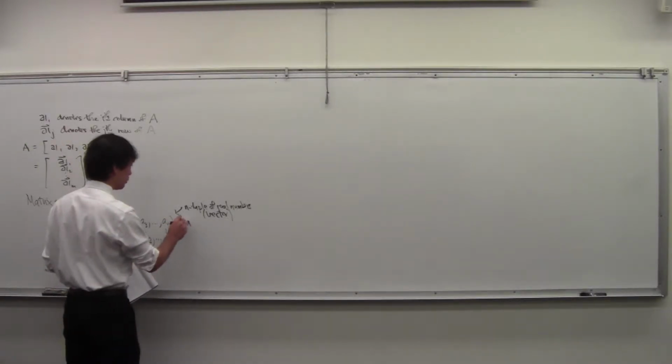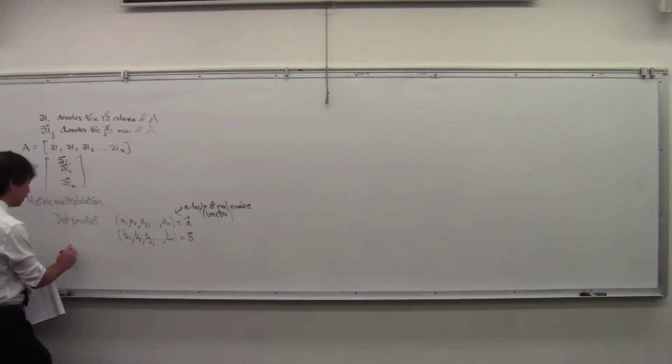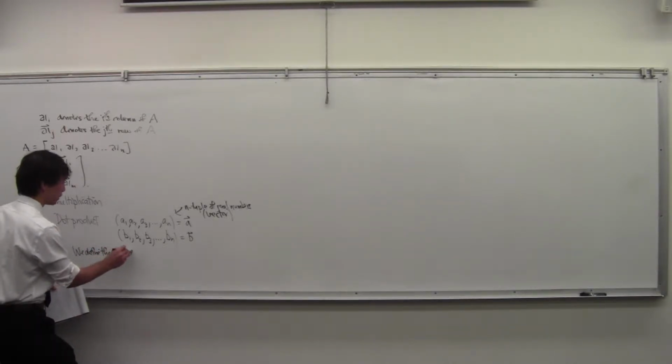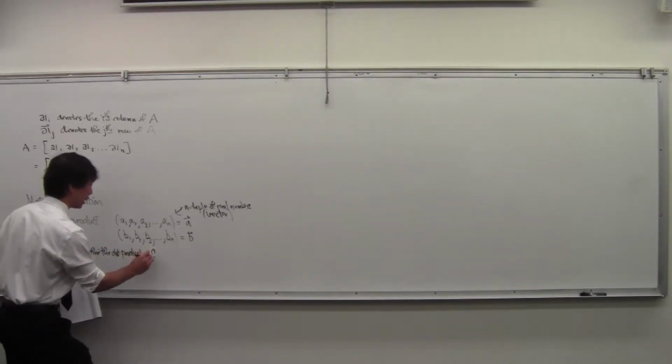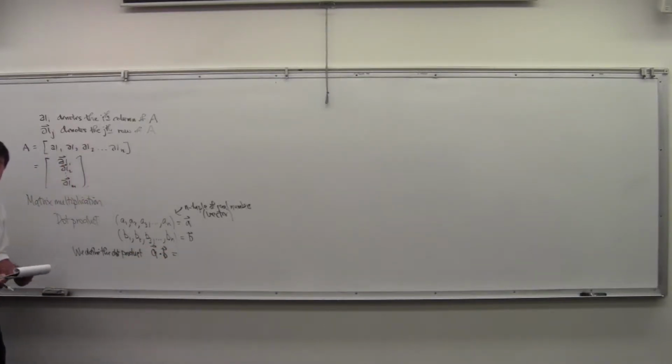Then there's a way of defining multiplication on them called the dot product. So let's call this vector A, vector B. We define the dot product A dot B as a number.